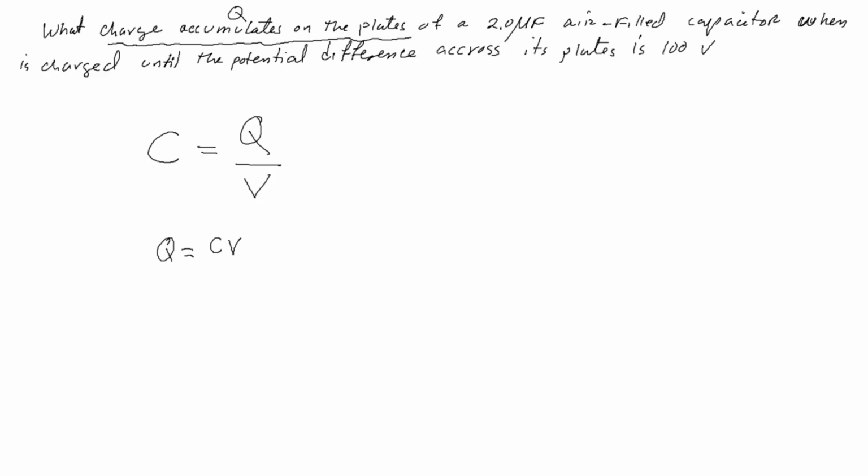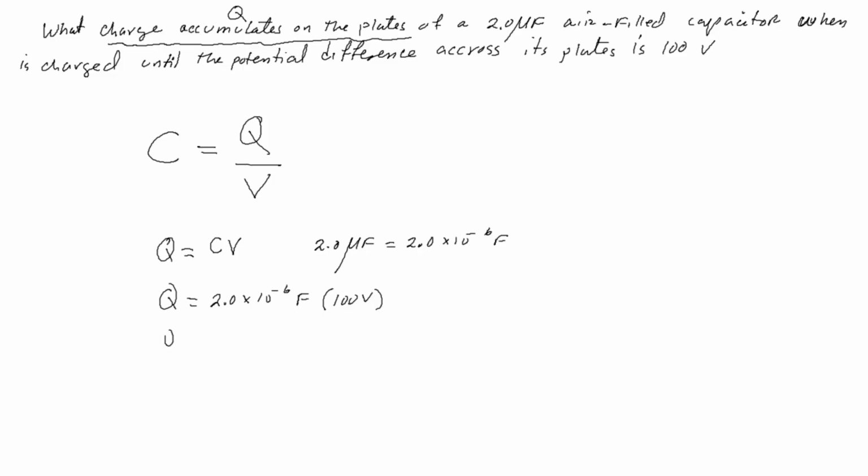Now, the capacitance is given in microfarad. So 2.0 microfarad is the same as 2.0 times 10 to the negative 6 farads, because 1 microfarad is 10 to the negative 6 farad. So I can say that Q is 2.0 times 10 to the negative 6 farads times the voltage, that is 100 volts.